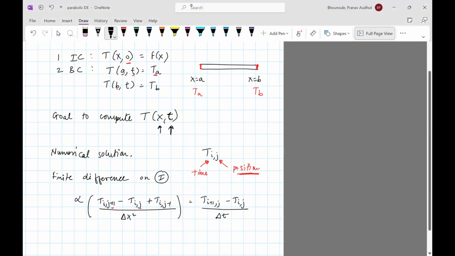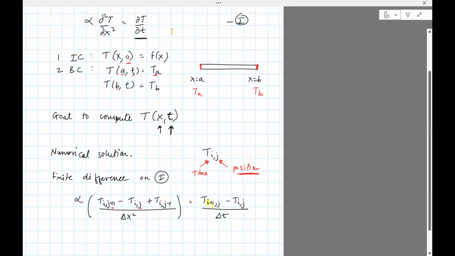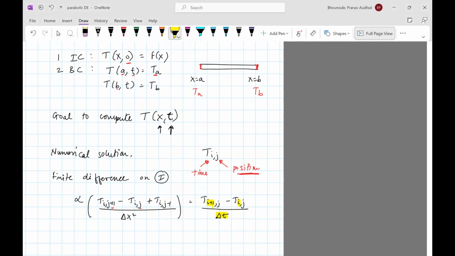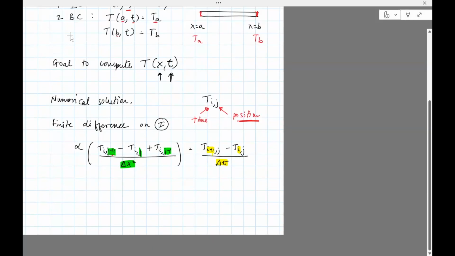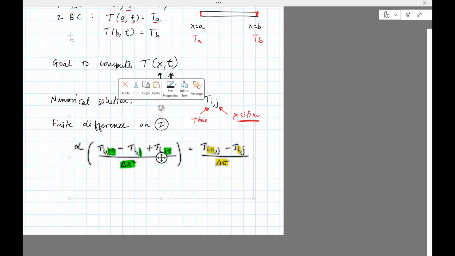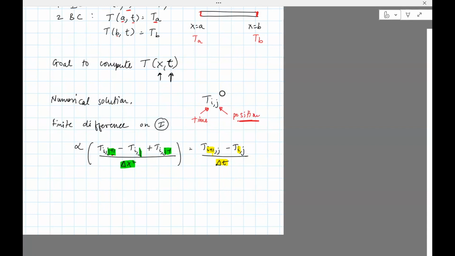So here you can note that I have done the finite difference over the first index, which is the time index, because the denominator is time. And here, if you see, it was the second index. Okay, let's just carry this forward. There's an easy way of visualizing this. This seems a little hard, right?